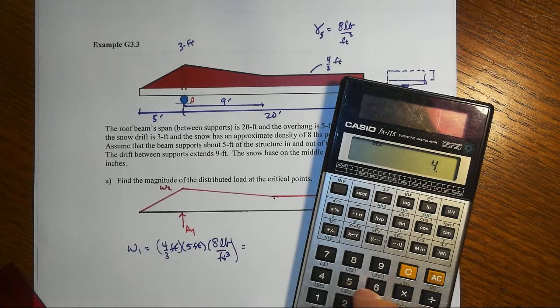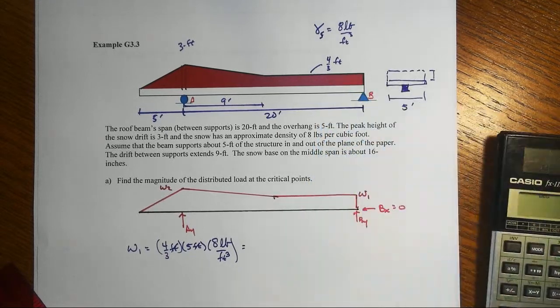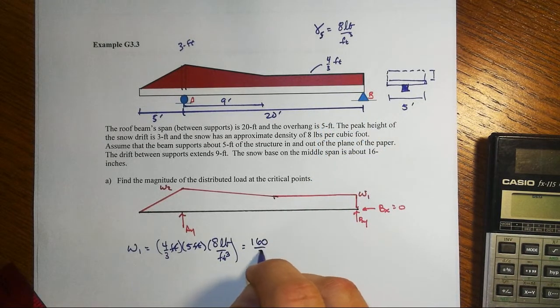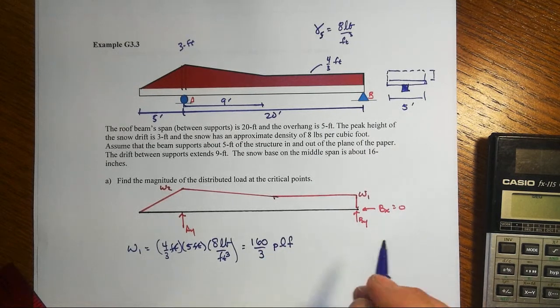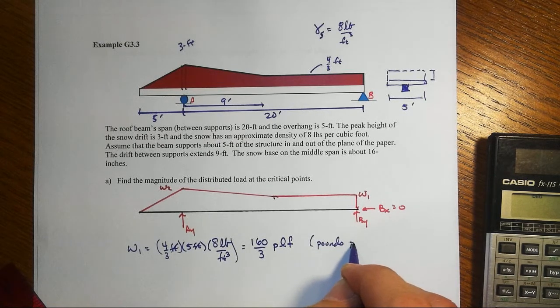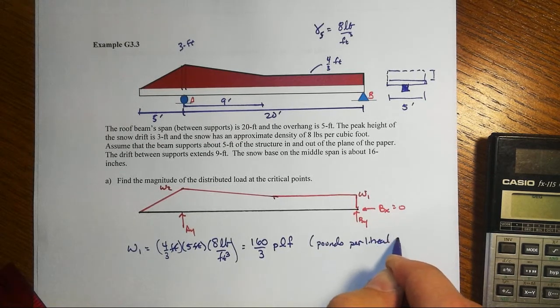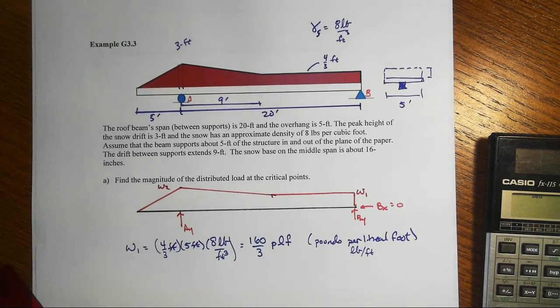That's 4 times 5 times 8, 160, not nicely divisible by 3, so I'm just going to leave that as 160 divided by 3 pounds per lineal foot, PLF. That's the same thing as pounds per foot, but that's not a nice typesetting thing to do. If it was 1,000 pounds per foot, that would be kip per foot, KLF.